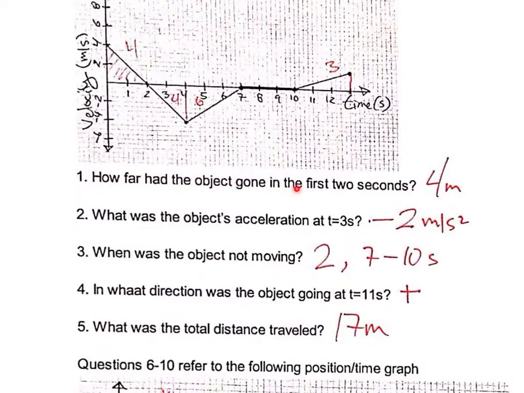Question 1 says, how far had the object gone in the first 2 seconds? So for a velocity versus time graph, we can find distance by the area under the graph. And by the area under the graph, we mean this sort of shaded area like this.